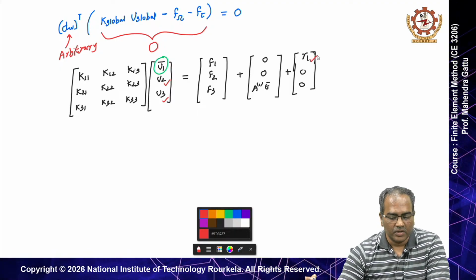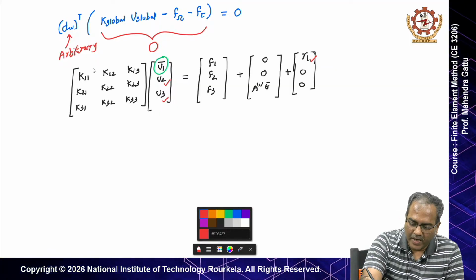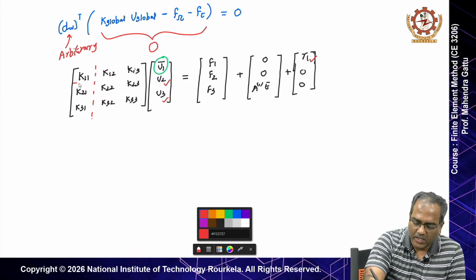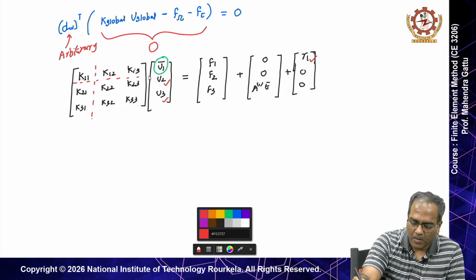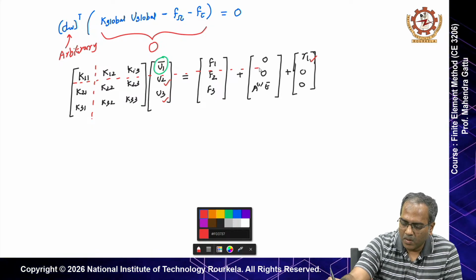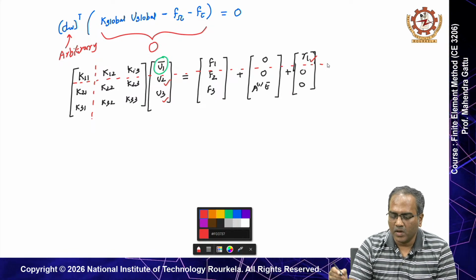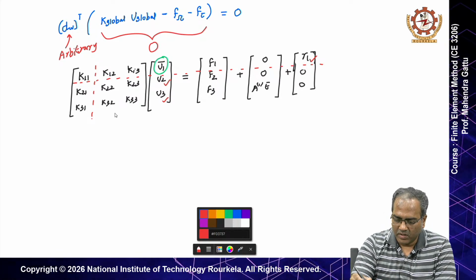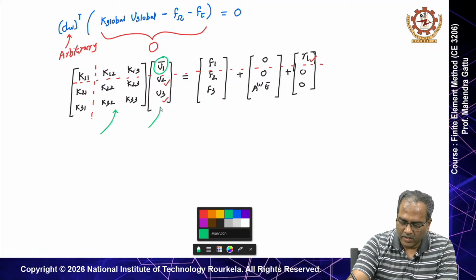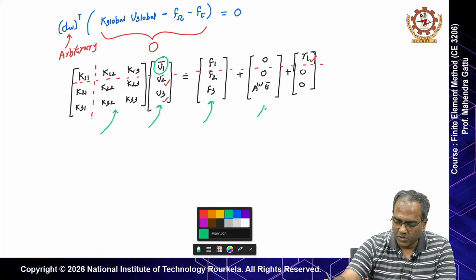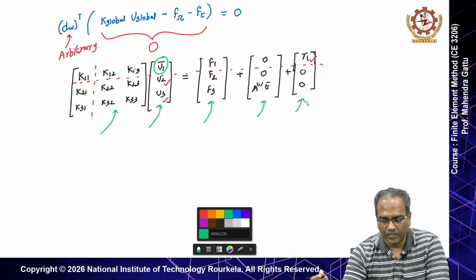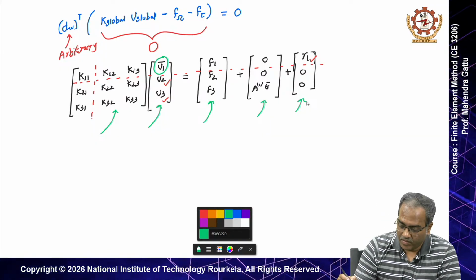So, what I can do is split the matrix like this, and then work with the second and third rows.